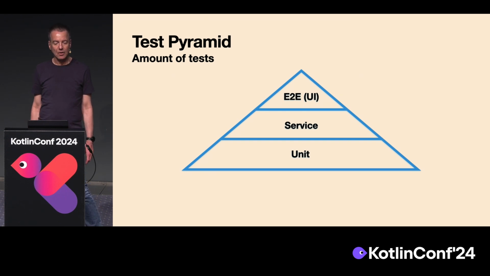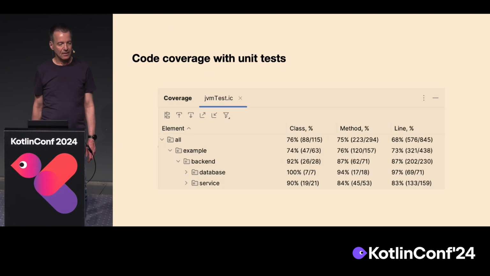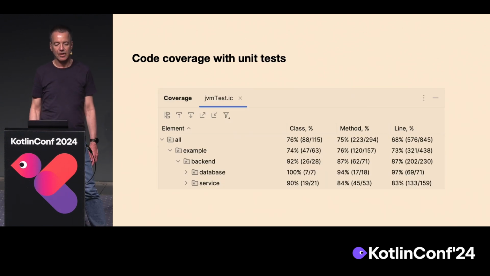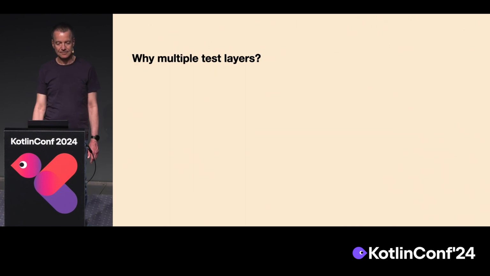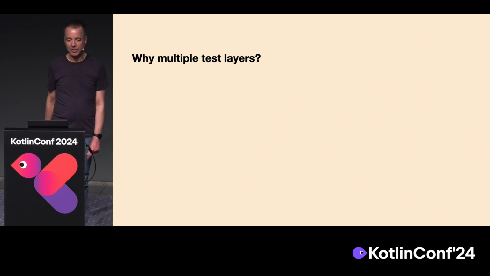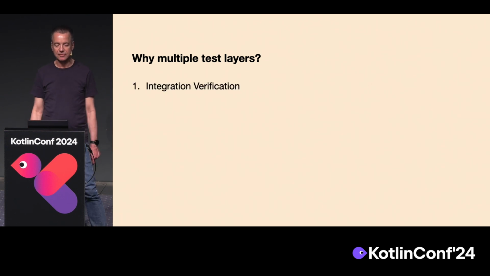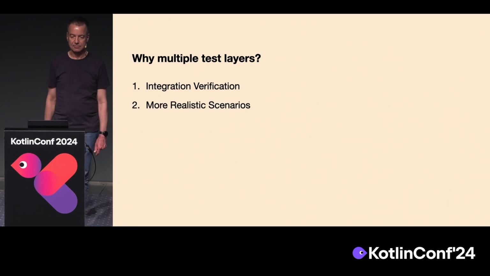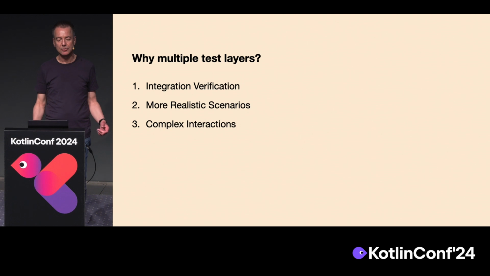Now we could ask, why are we using multiple test layers at all? If we look at code coverage, we could easily cover all relevant code with just unit tests, right? So that's not the reason. If we ask GPT-4o, it would suggest a number of things, among them integration verification, more realistic scenarios, or complex interactions for using multiple test layers.